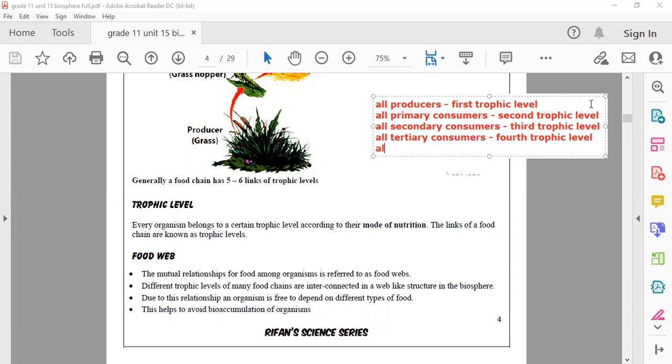Like that, all quaternary consumers fall to the fifth trophic level. So if you take the second trophic level, all are primary consumers. If you take the third trophic level, all are secondary consumers. Understood? Like that, we are dividing them.